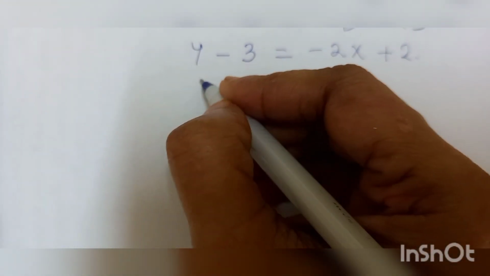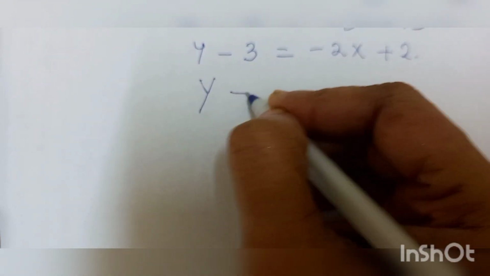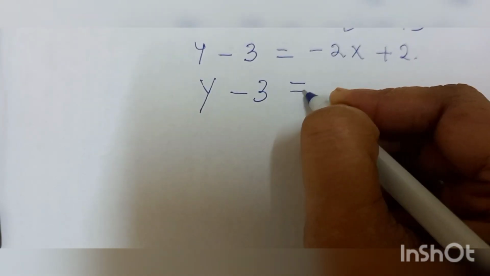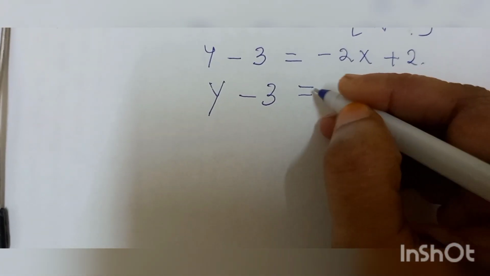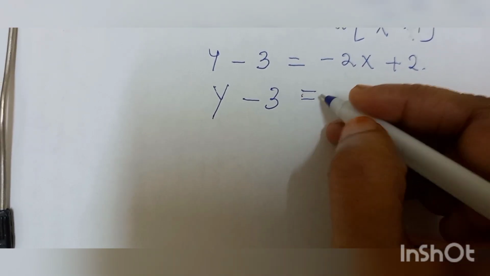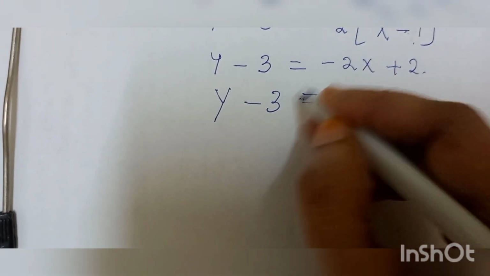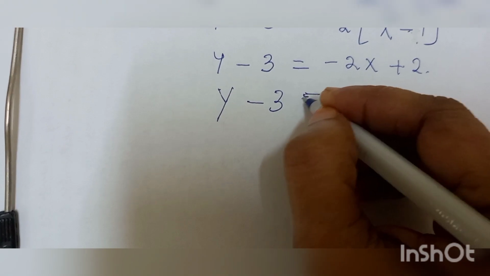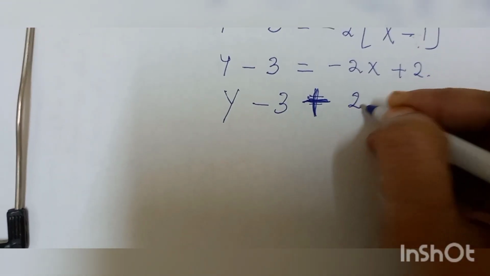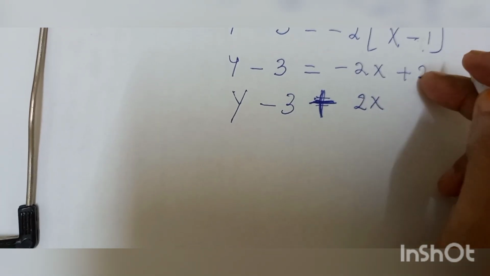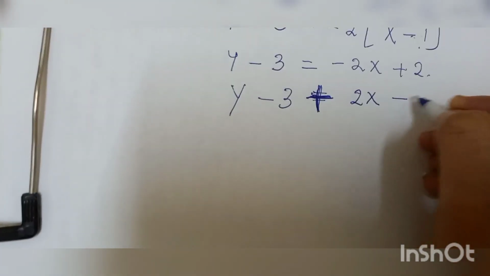Next step, y minus 3 is equal to minus 2x plus 2. So we have to transpose this minus 2x to this side, so it becomes plus 2x. This 3 transposed becomes minus.